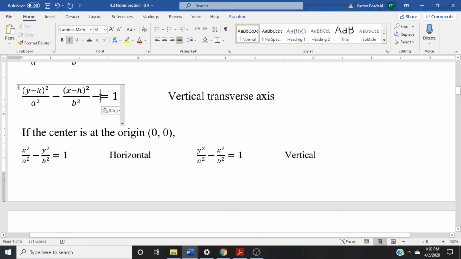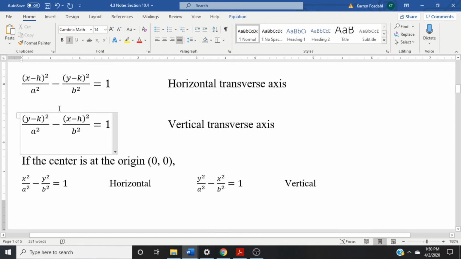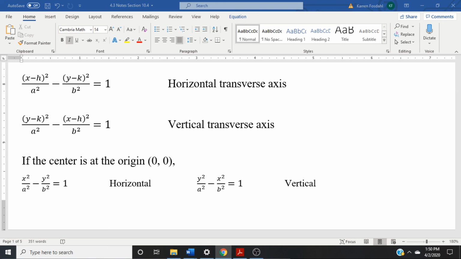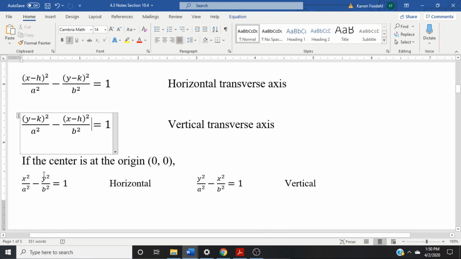Basically, this is the thing with hyperbolas: the a squared always has to be under the positive. That's where I forgot.